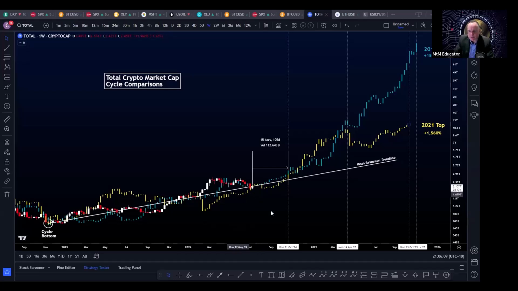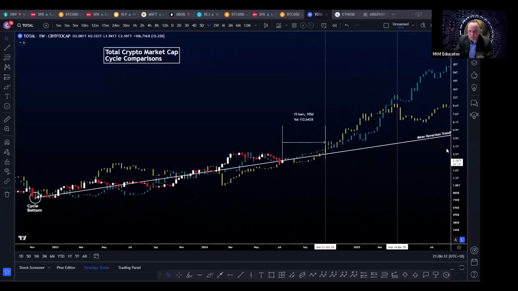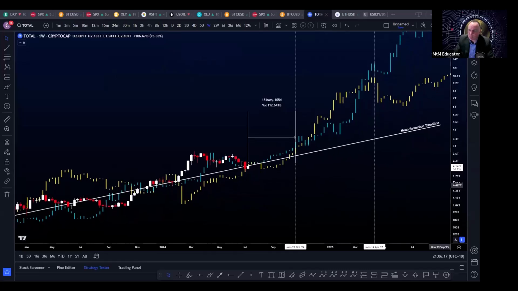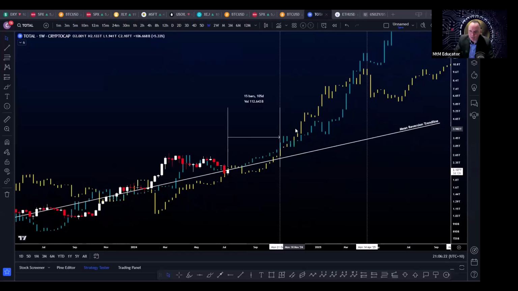Irrespective of which cycle you look at, similarly to Bitcoin taking 25 or 26 days from the halving before it really breaks out, in the previous cycles we always sat around this mean reversion trend line, going out, coming back, going out, coming back, until we eventually left it and never looked back. That point is about 15 weeks from now.